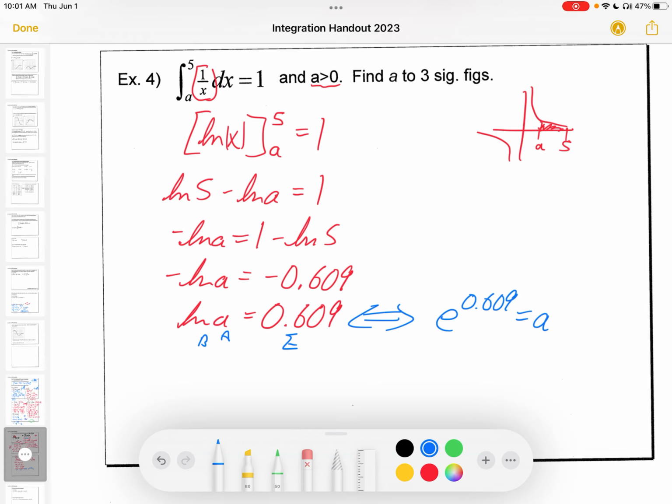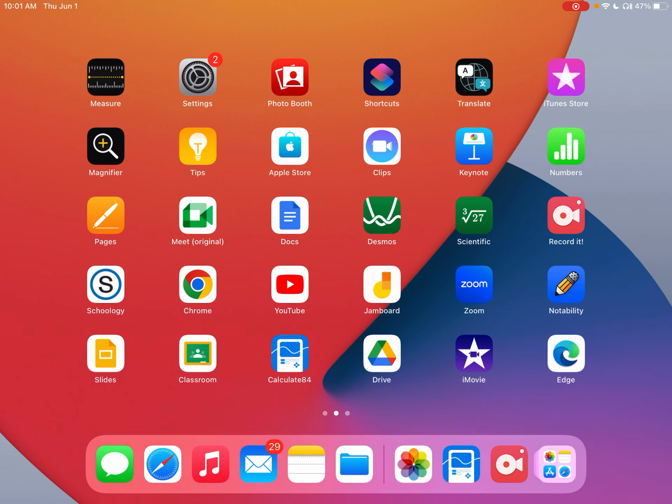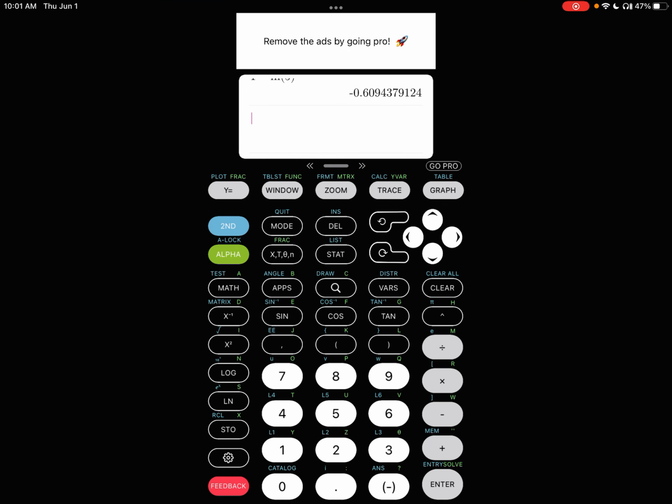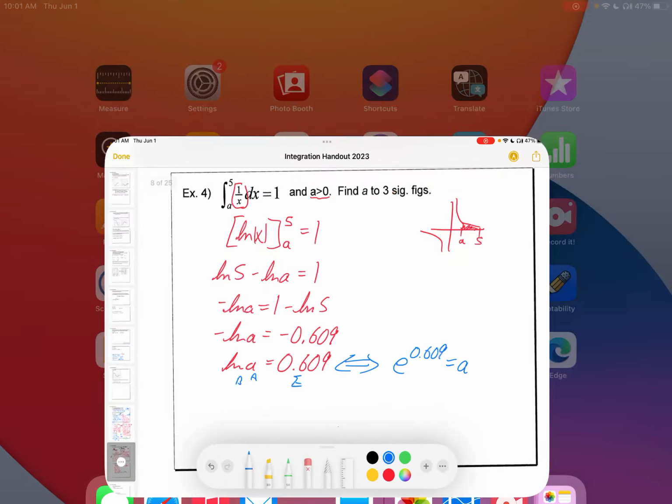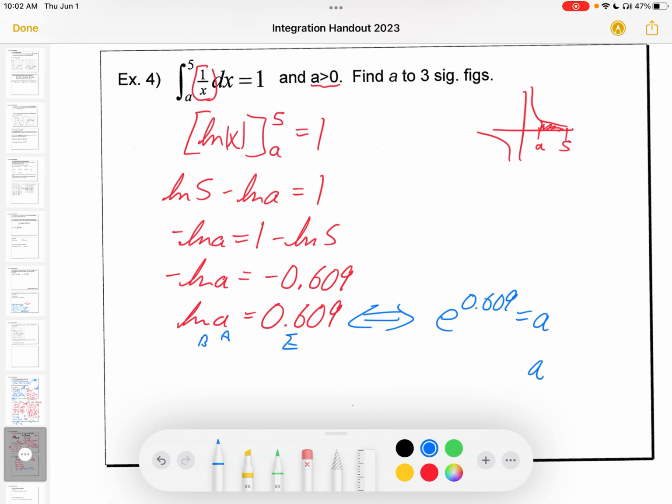And we can go ahead and get the calculator to work that out. So e to the power of 0.609. I could have more decimal places. Gives me 1.84. A is 1.84.